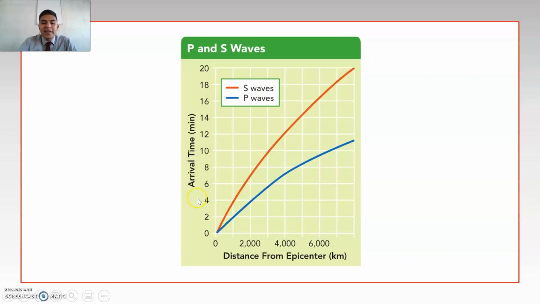Well, you can notice that after 8 minutes, it probably has traveled already around 2,500 kilometers. But if we analyze the P waves that we have right here, you can notice that it had traveled probably 4,500 kilometers already.